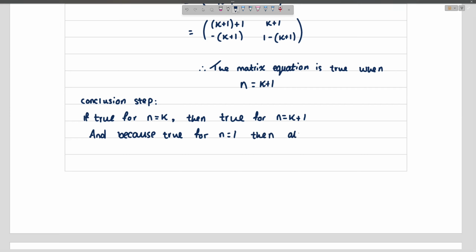So then also true here for all n belonging to the set of positive integers here, like so, by induction. Okay, something along these lines here is what we need to finish with for our proof by induction. Perfect.